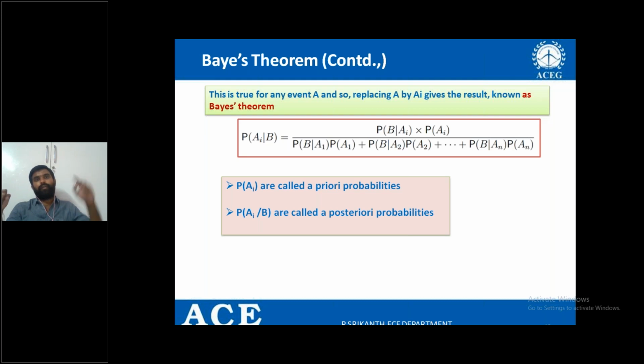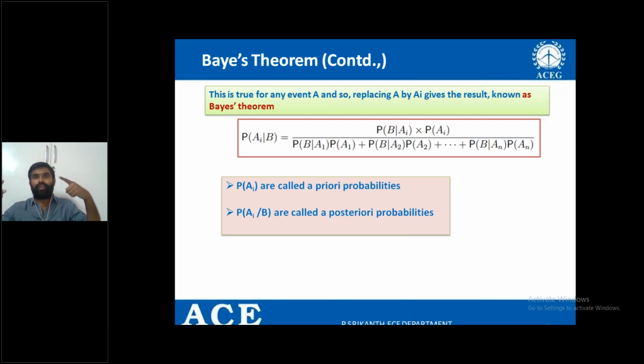For example, B1 and B2 are two transmitters, A1 and A2 are two receivers, right? And the probability of transmitter B1 and the probability of transmitter B2 are known. These two are a priori probabilities. And once the signal is transmitted and any of the receivers is receiving, the transmission process is done.